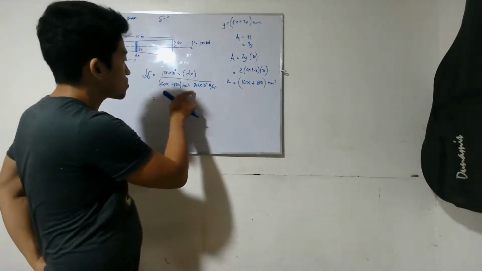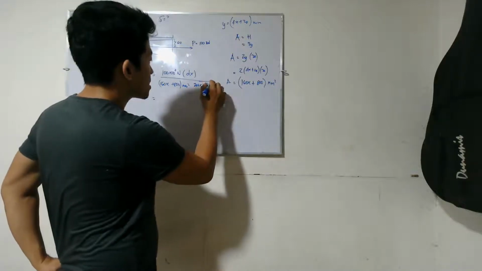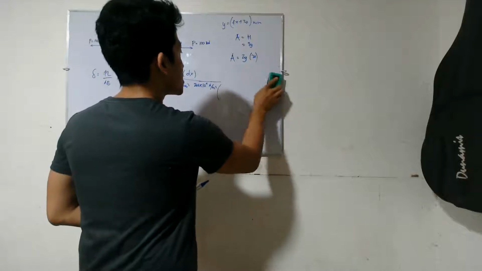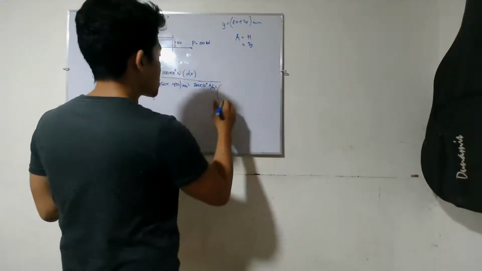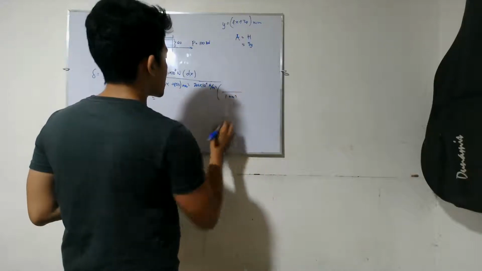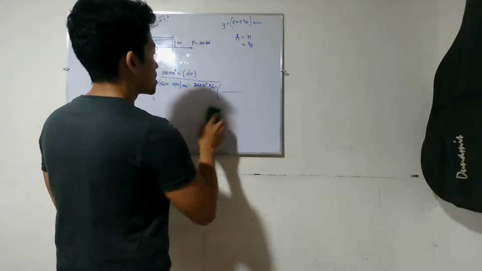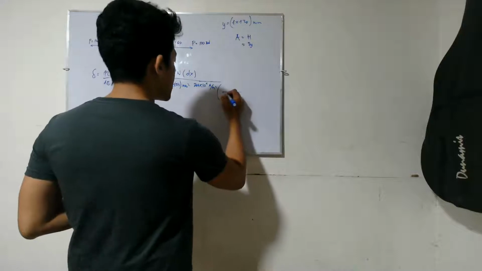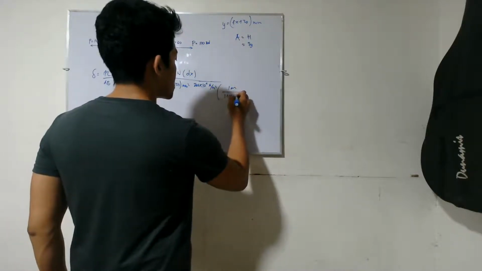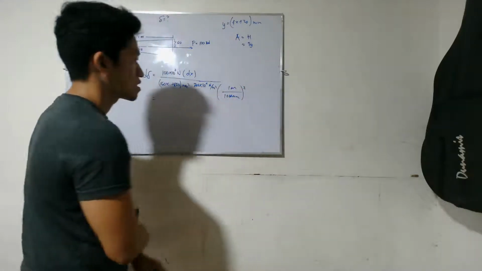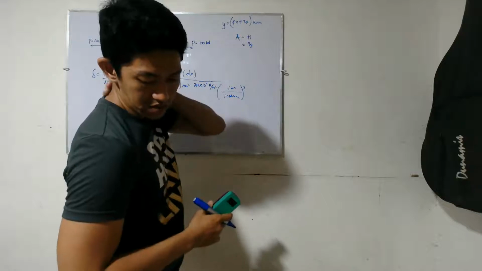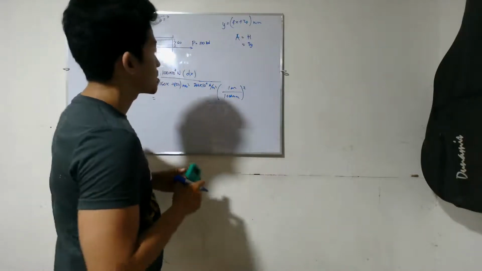Times 10 to the 9. So if we convert mm squared, 1 m is 1,000 mm squared, so it becomes 1 times 10 to the negative 6.